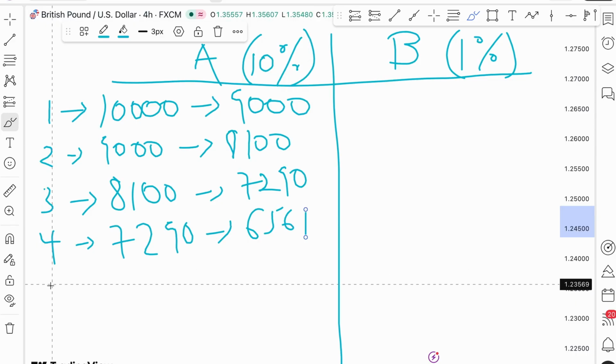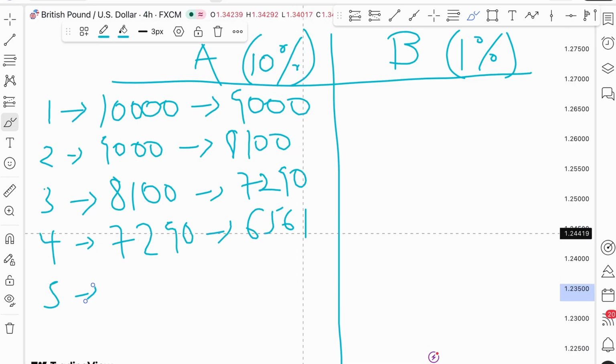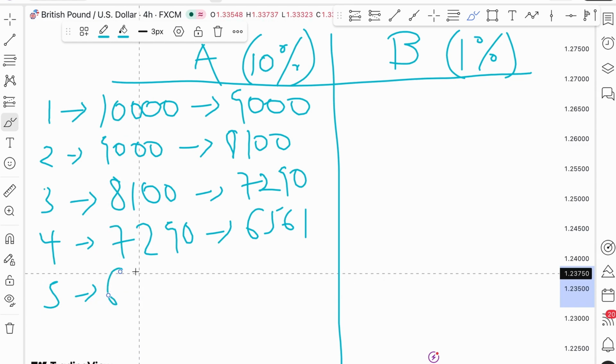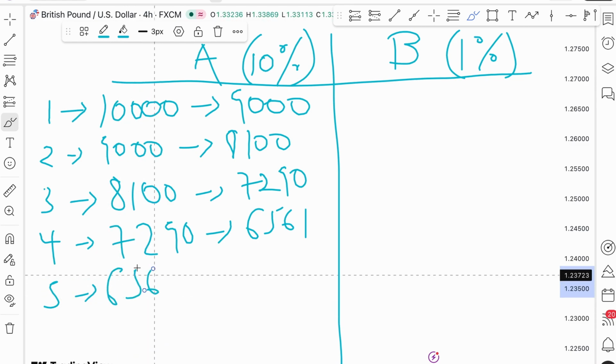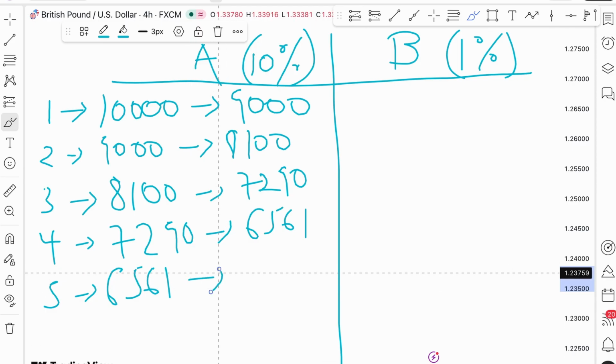The fifth and final position, for us to determine how much we are going to lose using the same 10%, we are going to find 10% of the 6,561. Having a drawdown of 10% will give us 656.1.